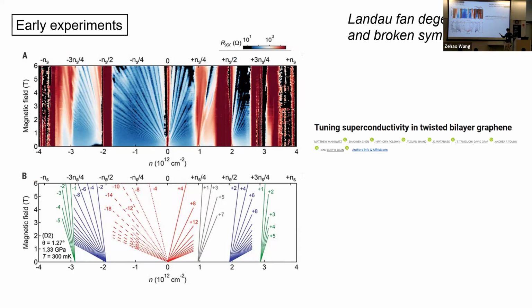Given the spin and valley degeneracies, we expect these to be a multiple of 4, right? And indeed, that's what you see at neutrality. But especially if you get to nu of 2 and nu of 3, you seem to get these resets. And these lines have a different slope where the Fermi surface degeneracy drops, right? So this is evidence of some sort of flavor symmetry breaking.